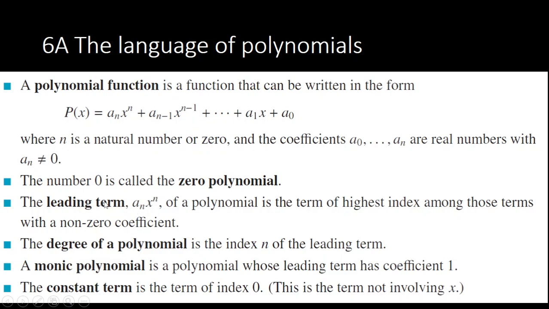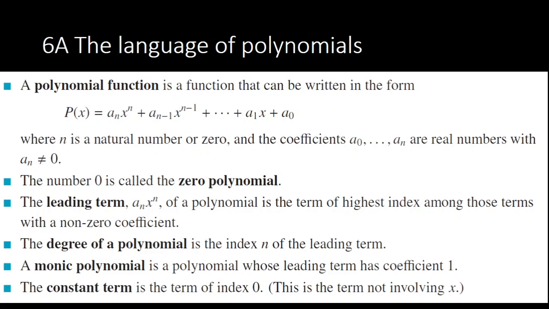That leading term also tells you that the degree of the whole polynomial is the same as the value of n. Also, still around the leading term, if a n is equal to 1, it's called a monic polynomial.